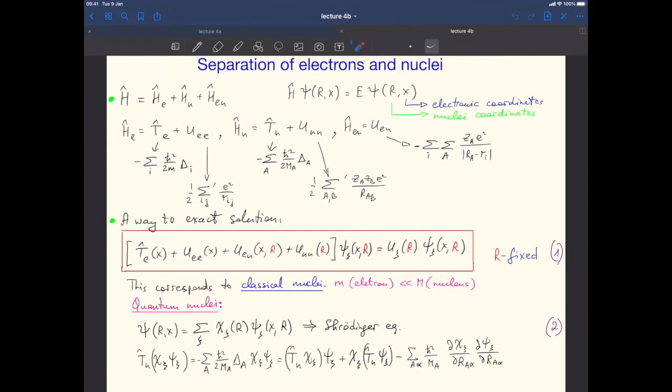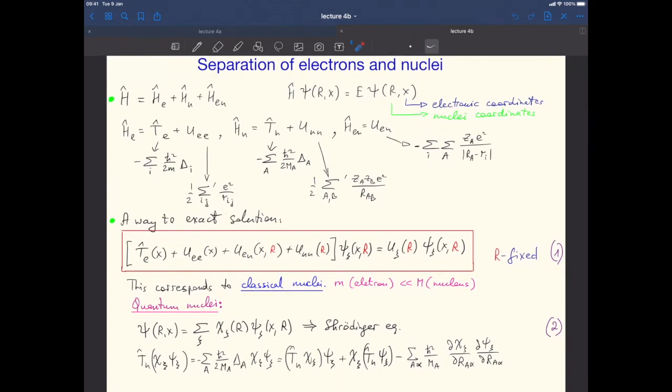So let's first consider an exact approach. It will also rely on that equation, because that equation still doesn't give us the full wave function. It is not yet a solution of the Schrödinger equation. However, what that equation does give us is a complete set of electronic-only functions, which depend on the nuclear positions as a parameter.